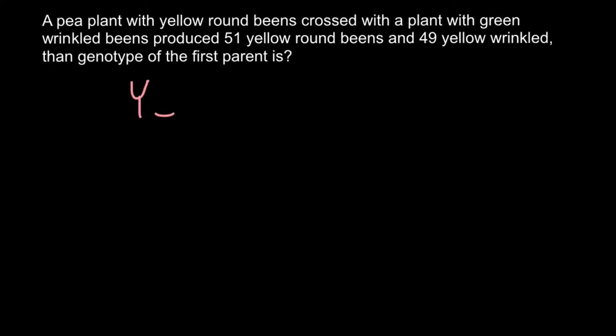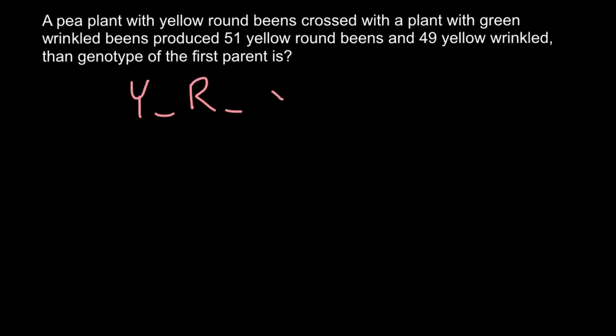As for the second trait, wrinkled or round, the first parent has round beans, so the first allele has to be dominant because round is dominant. Let's leave a blank space for now for the second allele.